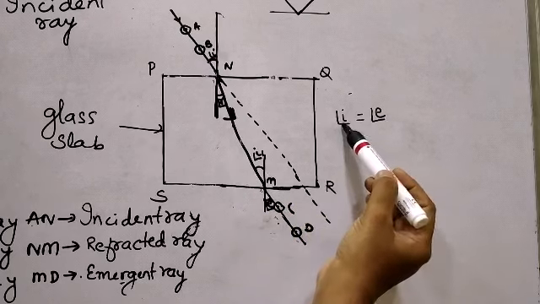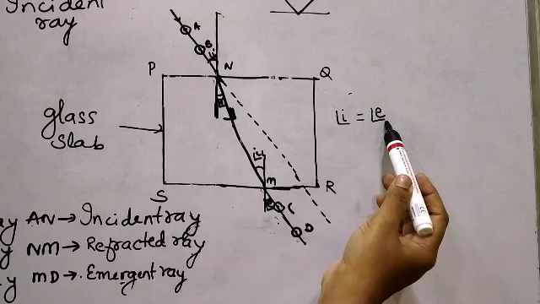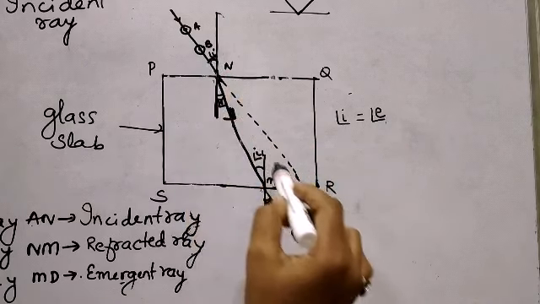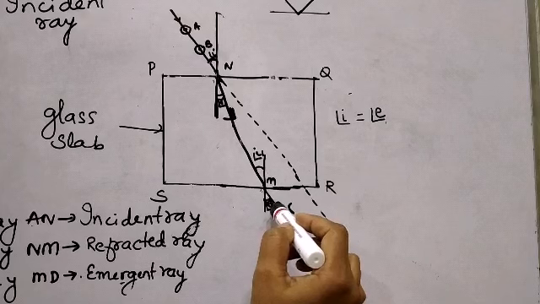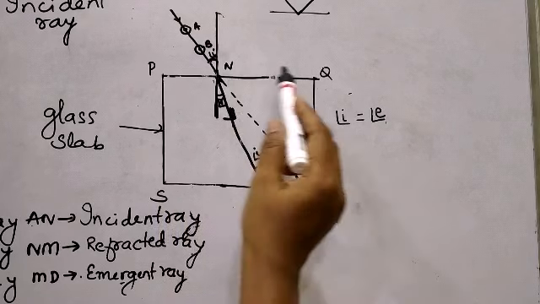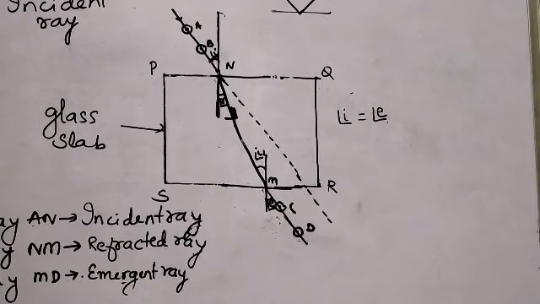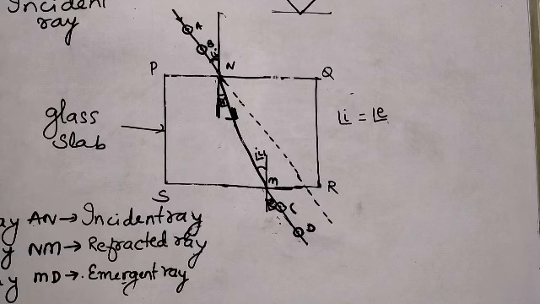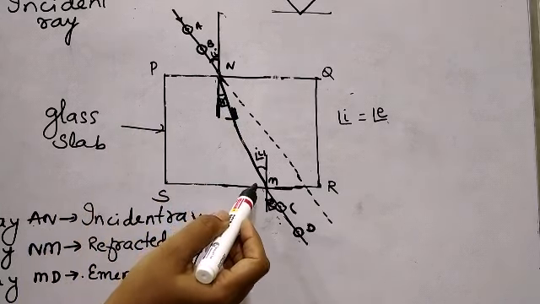Now angle I is always equal to angle E, that is, the angle of incidence is always equal to the angle of emergence. Now consider that there would have been no glass slab. Then what would have happened to the incident ray? Would the incident ray bend?